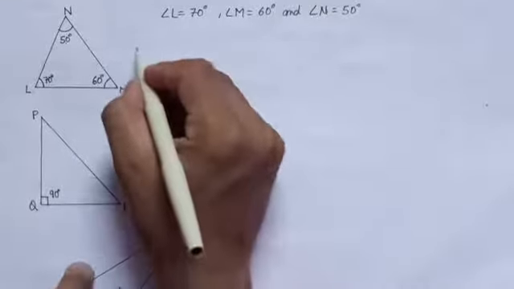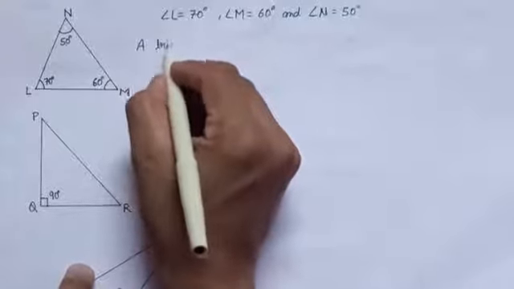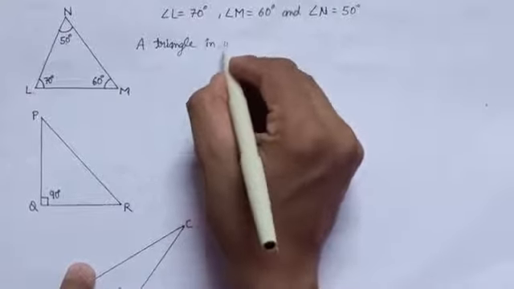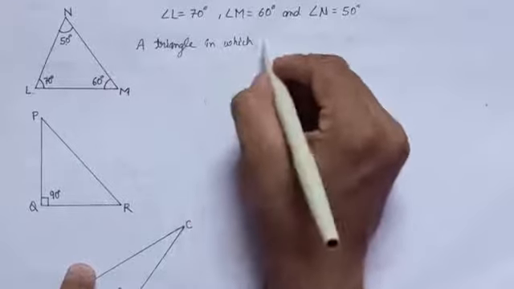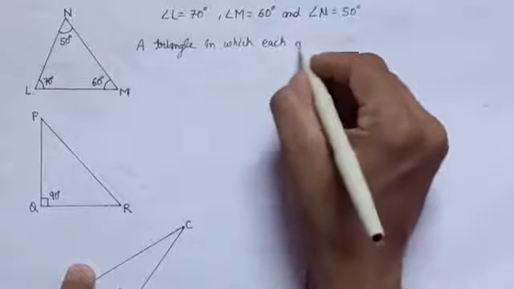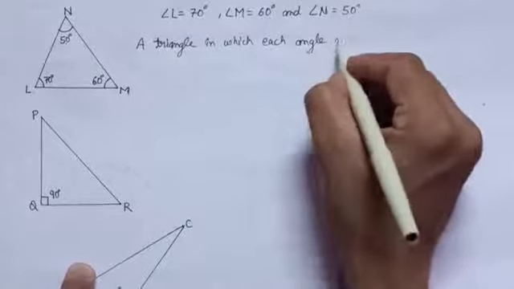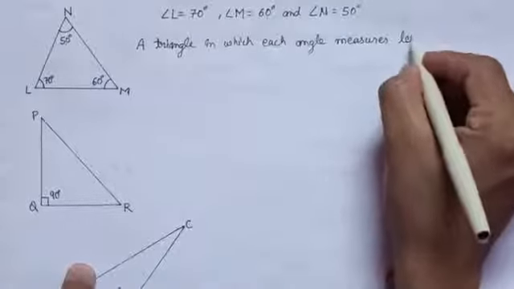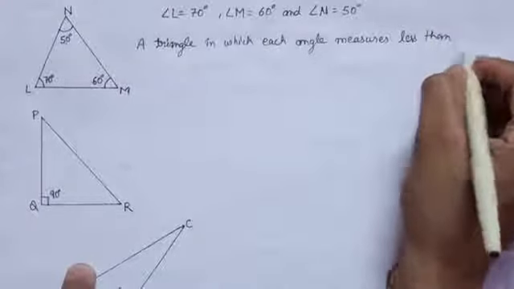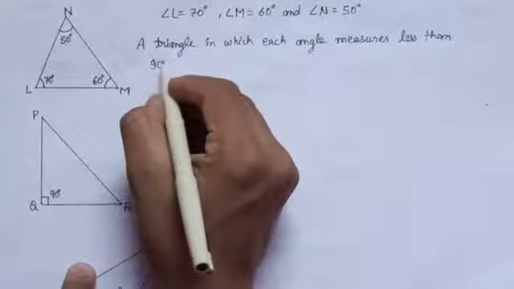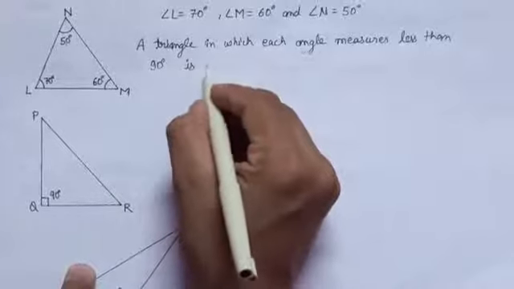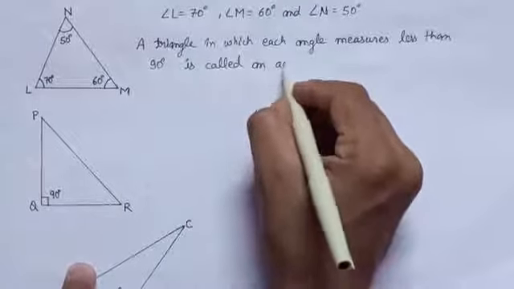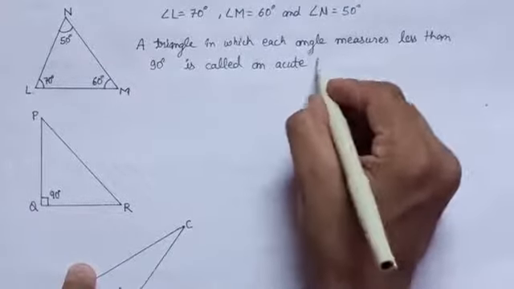So a triangle in which each angle measures less than 90 degrees is called an acute triangle.